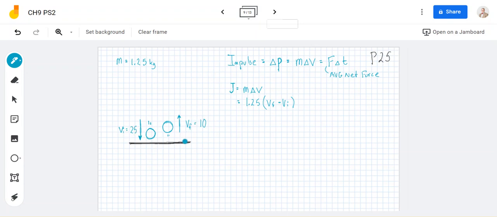says initial velocity. So when I think about that, I have 1.25. If I go to put the velocities in, this one is down, so its initial velocity is actually negative 25. So I'm going to do 10 minus negative 25.